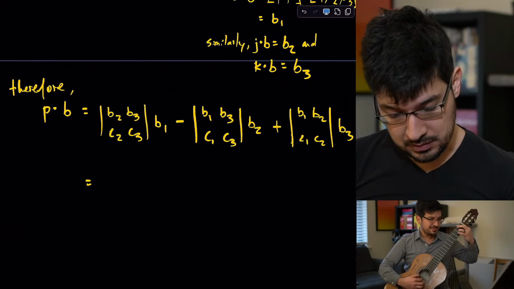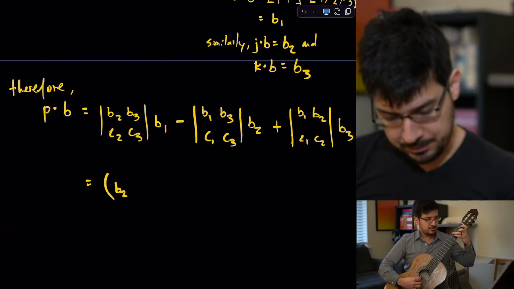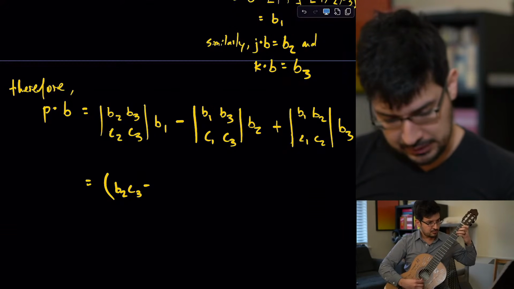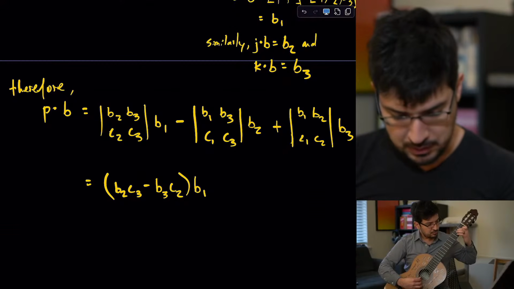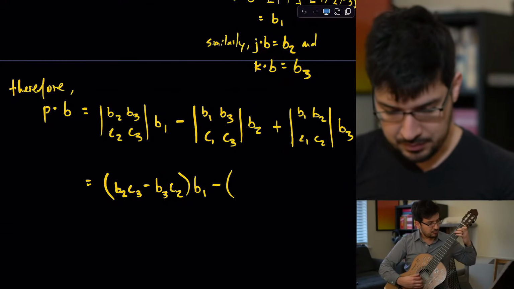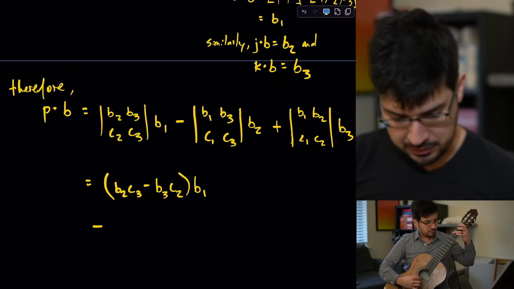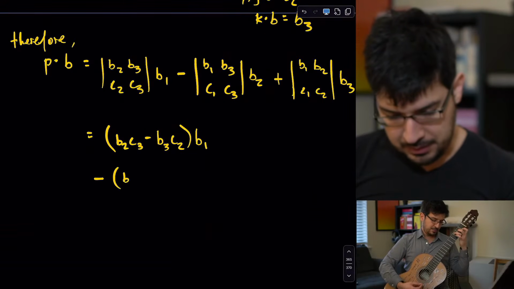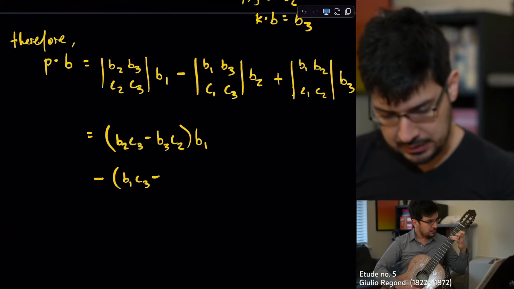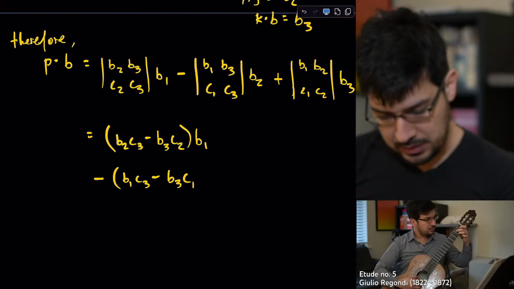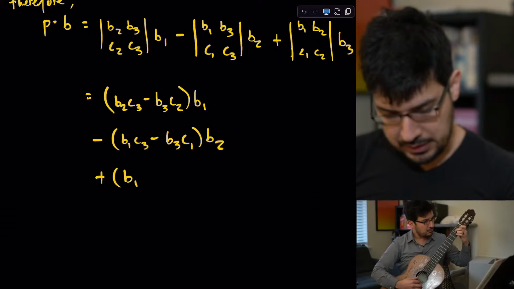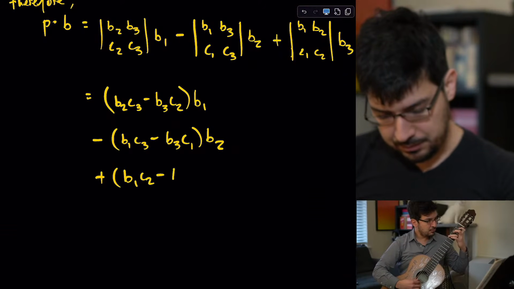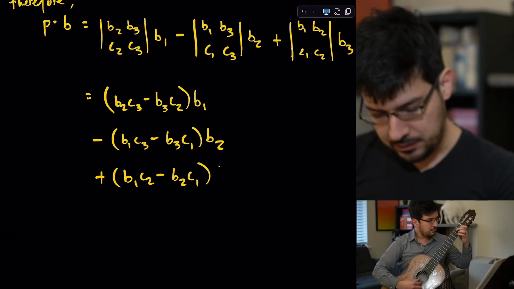So this would be (B2 C3 minus B3 C2) all times B1, minus, we're going to need three terms, so why don't we just do them right here, (B1 C3 minus B3 C1) times B2, plus (B1 C2 minus B2 C1) times B3.